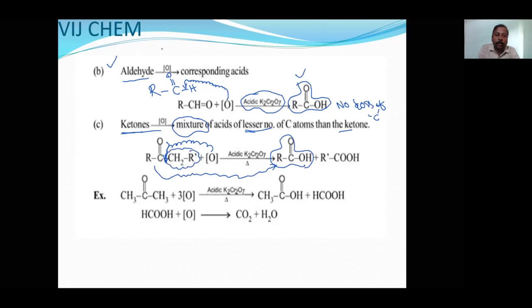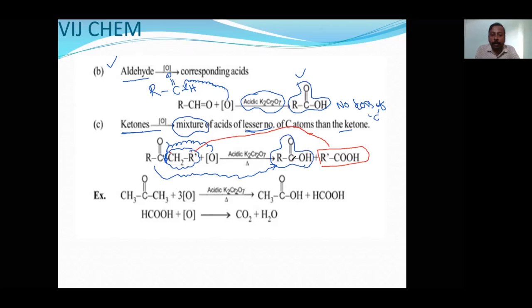I will use the other color. Which color do you prefer? Pink, red? Okay, red. So this red color line shows the R's. This is R dash and this carbon is converted to COOH. So because of that there is a problem.